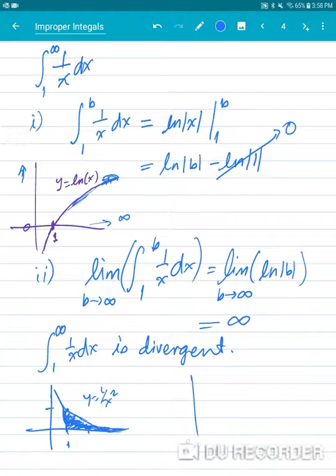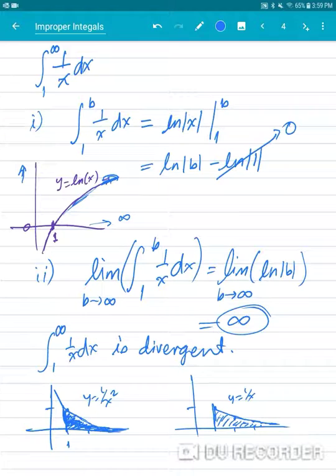On the other hand, for the graph of y equals 1 over x, 1 over 1 is 1, 1 over 2 is a half, 1 over 3 is 1/3. It goes to 0 as x goes to infinity, but because the function approaches 0 very slowly, the area of this region is infinity.